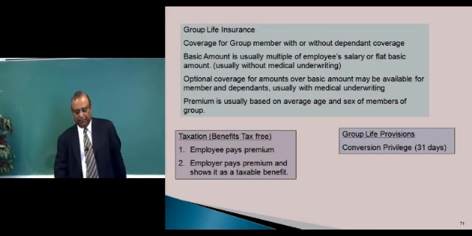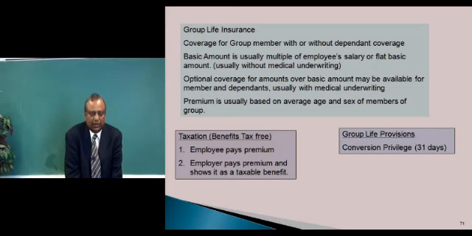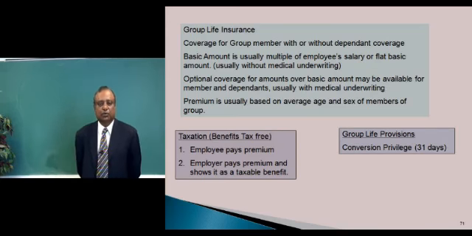How much can you convert? Whatever coverage you had, to that extent. No medical required.